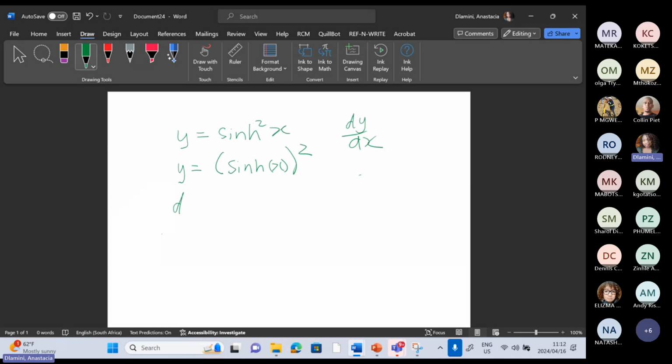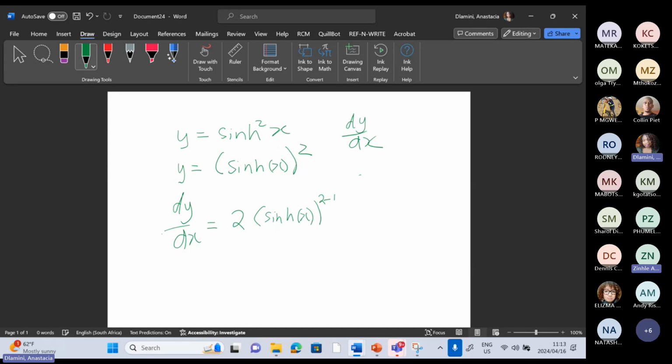Okay, so now we are differentiating: dy over dx is equal to 2, then we keep this sinh, then derive the sinh as a hyperbolic cosine.